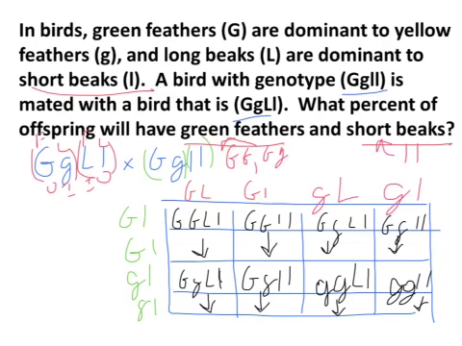So no, no, yes, yes, there's 2 of them. Yes, yes. And yes, yes. So that is 6 out of 16. I don't have a calculator in front of me, so whatever 6 out of 16 is, that is my answer. 6 divided by 16, multiplied by 100, gives me my percent.